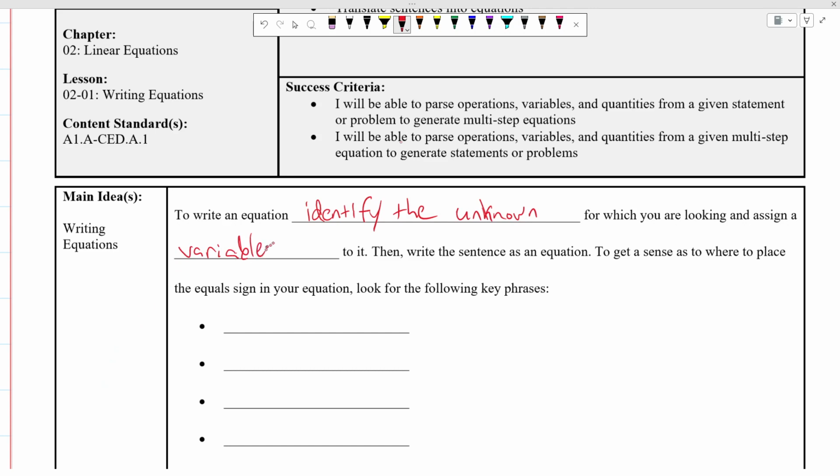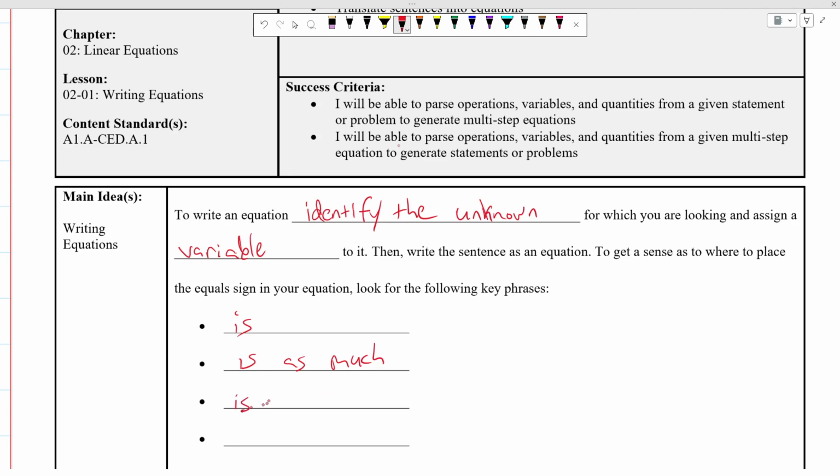To get a sense as to where to place your equal sign in your equation, here are some keywords to keep in mind. You'll see things like the word "is." You'll see "is as much as."